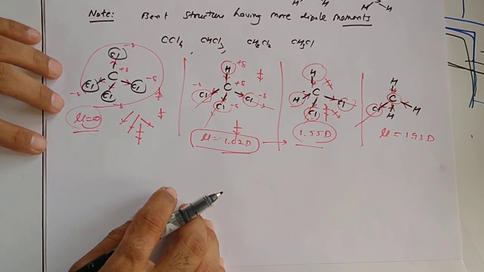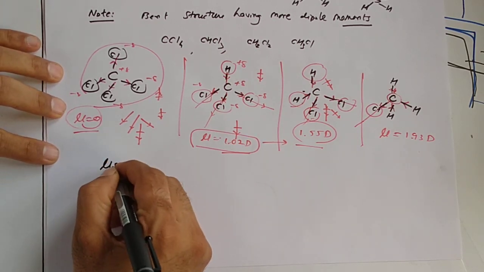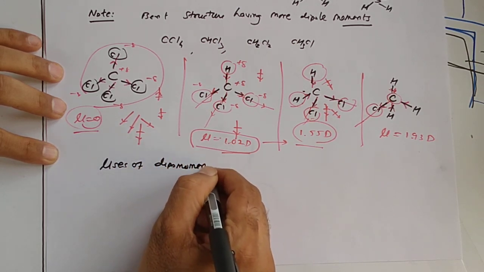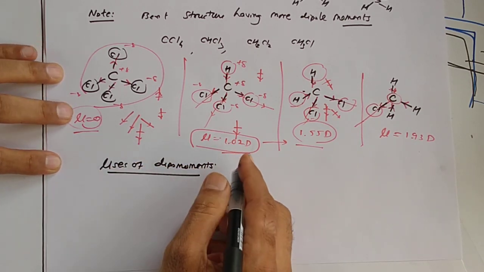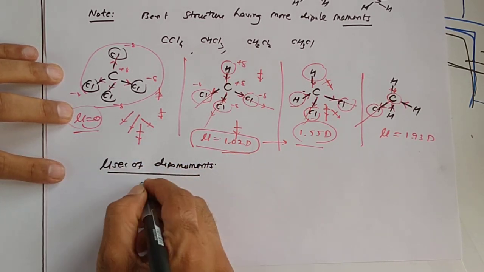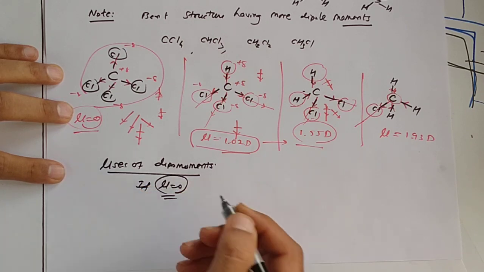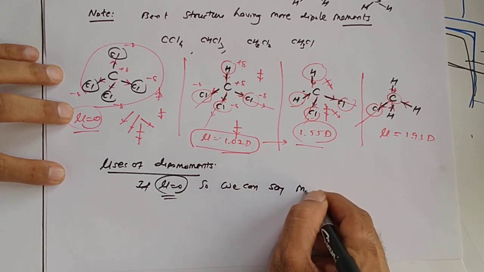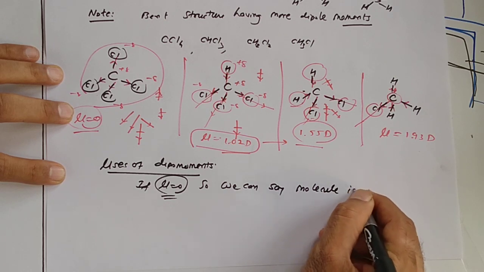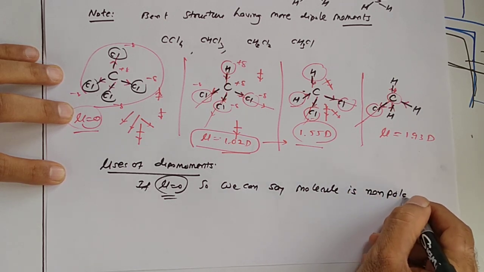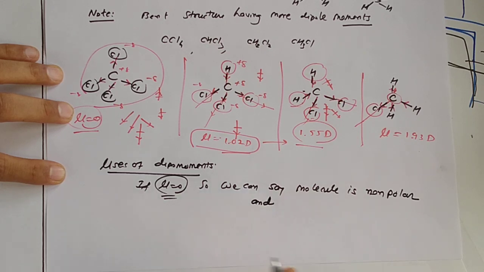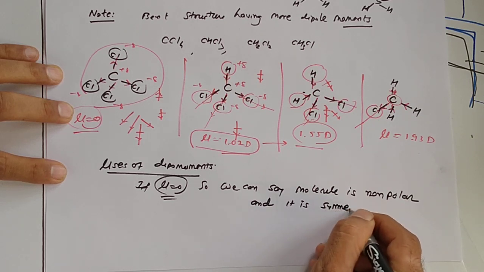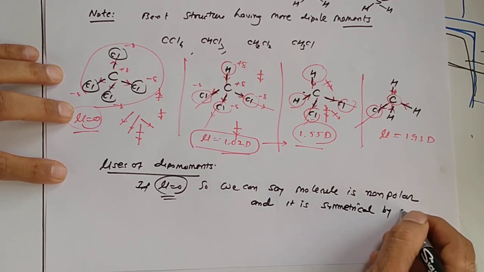Now, uses of dipole moment. If mu is equal to 0, so we can say the molecule is non-polar, and it is symmetrical by shape.